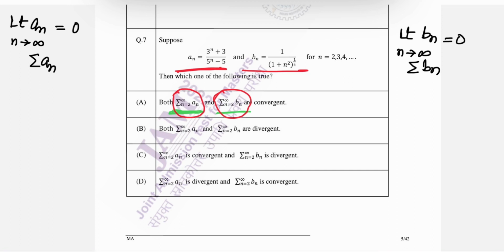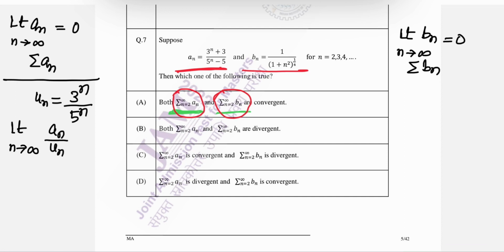So for the first, I take an auxiliary series as un equals 3 to the power n by 5 to the power n, and now we find this limit, LT n tends to infinity an by un.